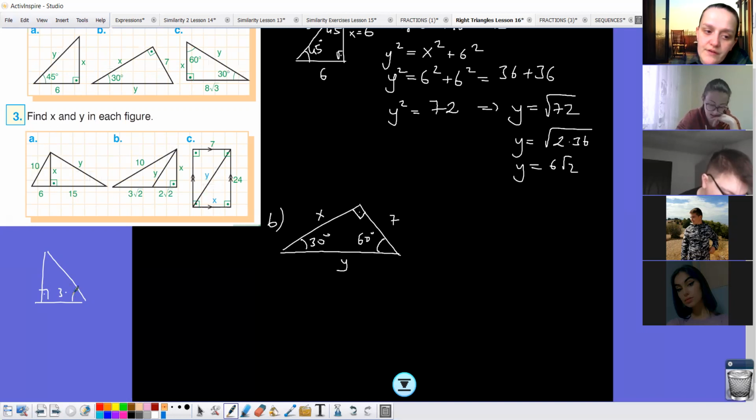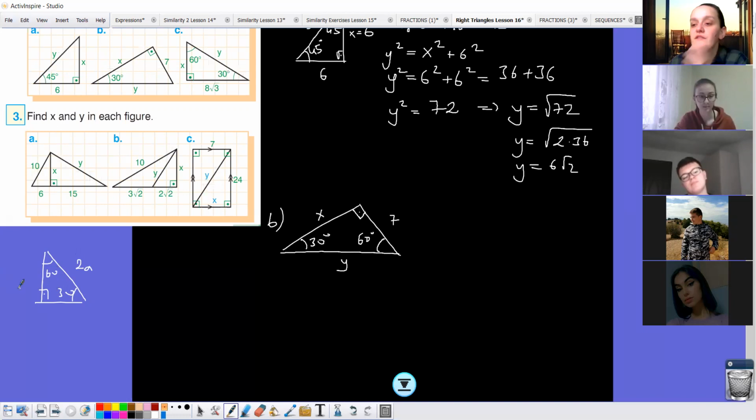If we have 30, 60, the hypotenuse, if it is 2a, the side opposite of 30 will be half of it, a. And the side opposite of 60 will be a root of 3. According to this, you need to remember this small triangle always. Still, I am drawing this when I have a question like this to solve. I'm drawing it on the side and writing directly 2a, a root of 3.